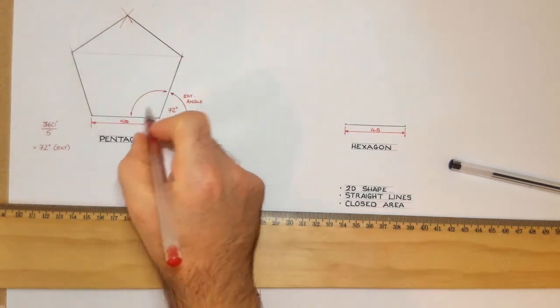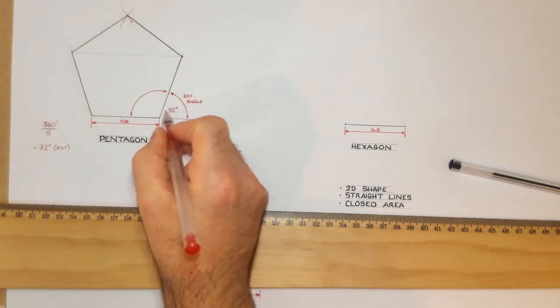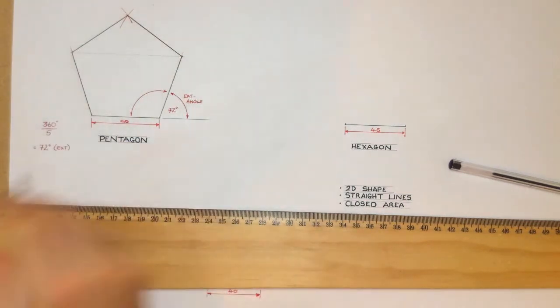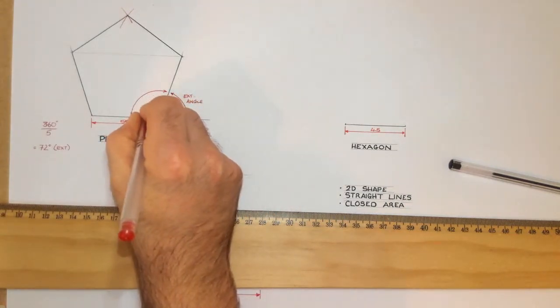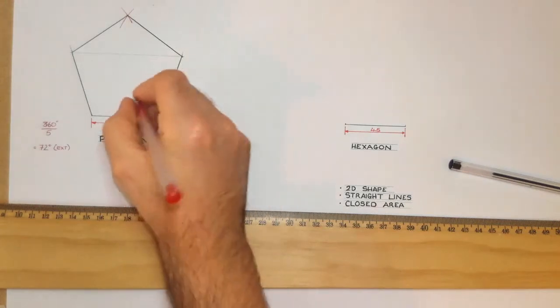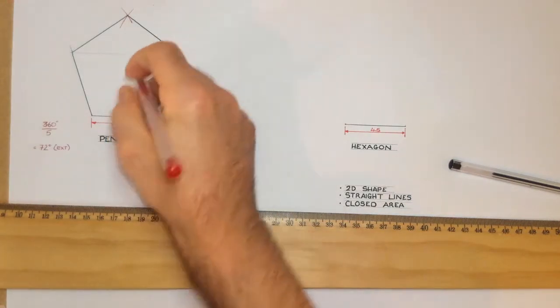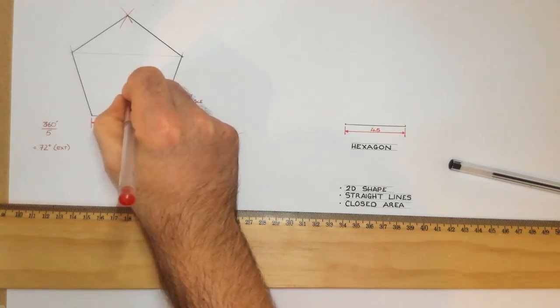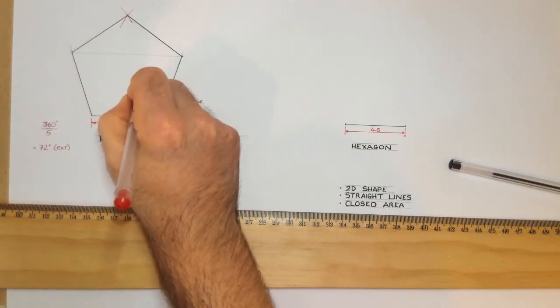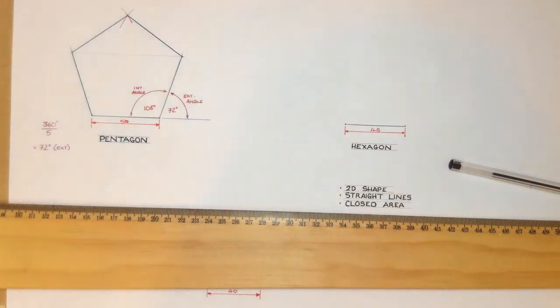We've already got 72. So 180 minus 72, that is 108. And that is our interior angle. I might just write it like this, INT angle.